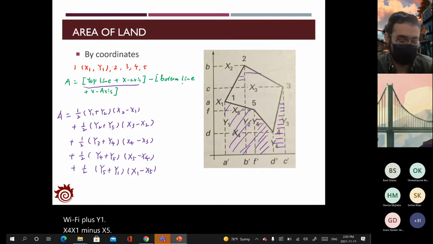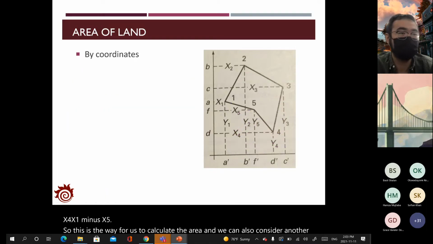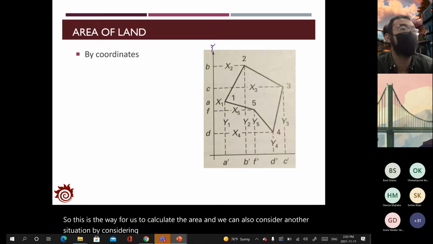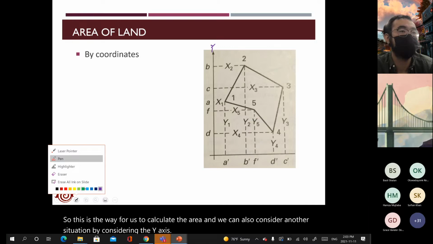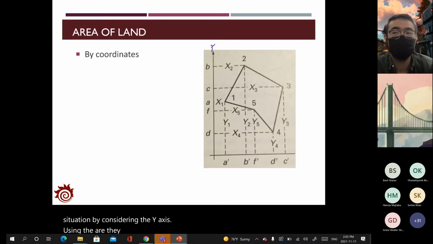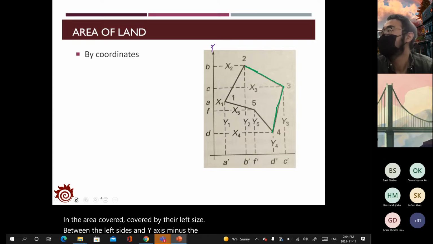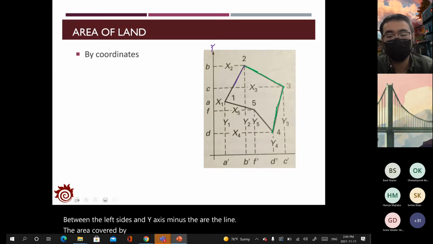So this is the way for us to calculate the area, and we can also consider another situation by considering the y-axis, using the area covered by the left side, between the left side and the y-axis, minus the area covered by the line of the right side and the y-axis.